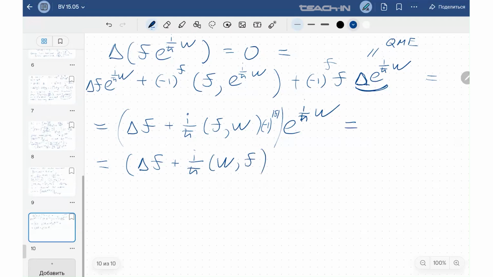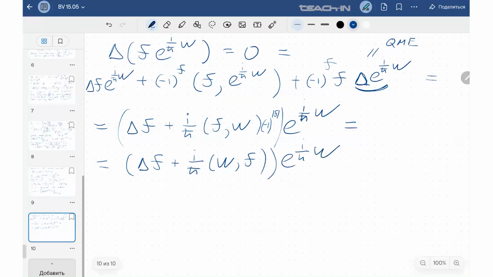In fact, if we exchange the arguments of the anti-bracket, we get exactly this. So if f is bosonic, then we get nothing, and if f is fermionic, we precisely compensate. Yes, that's right.